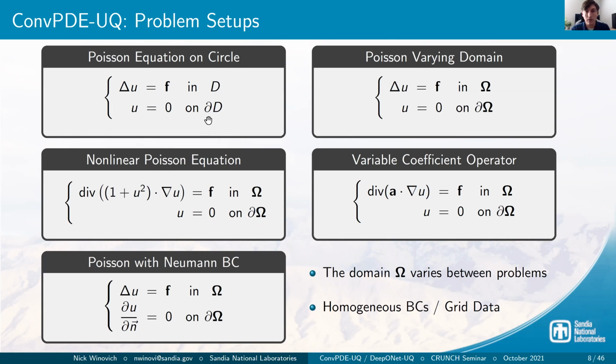So in a broad context, we have this varying domain. This will be one of our parameters to our problem. We have a source term and perhaps some additional stiffness term.